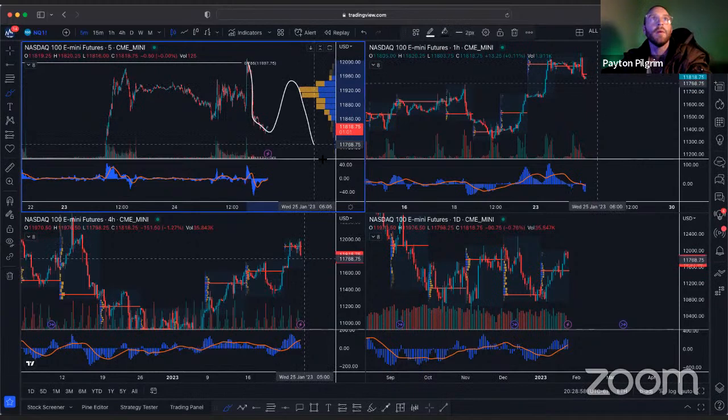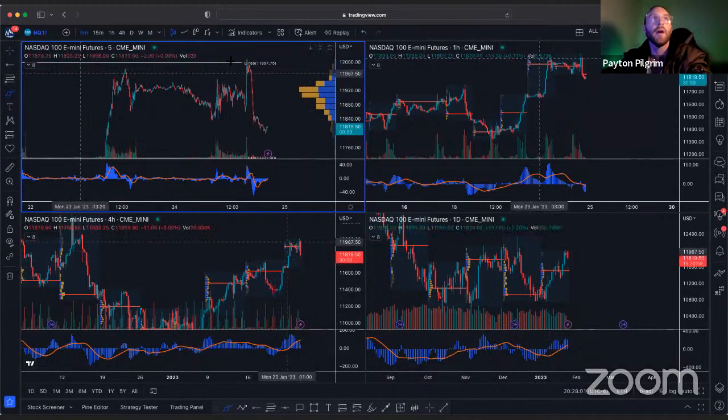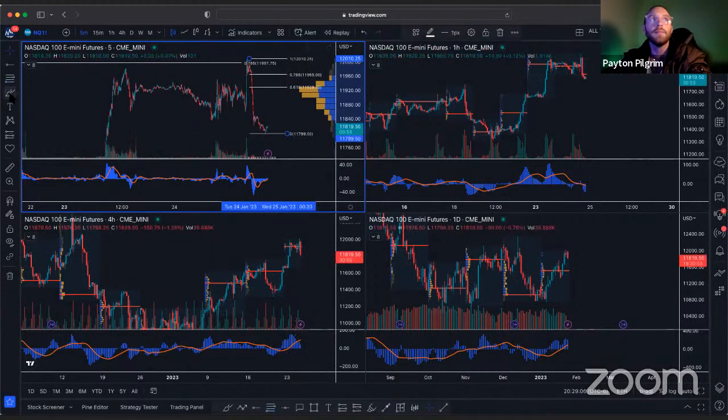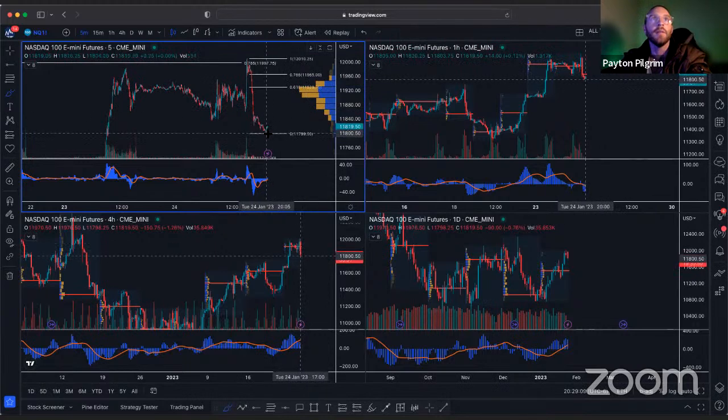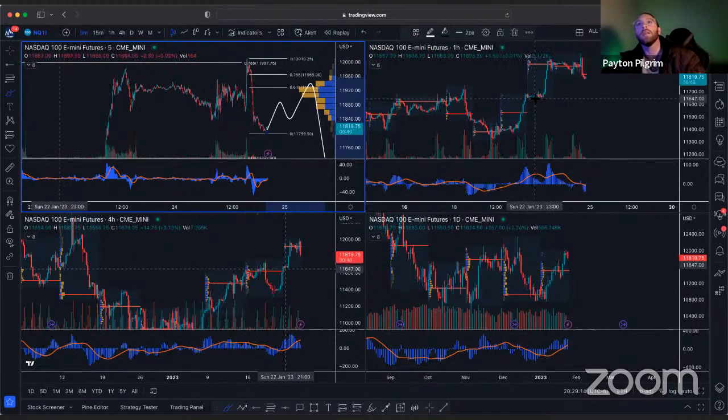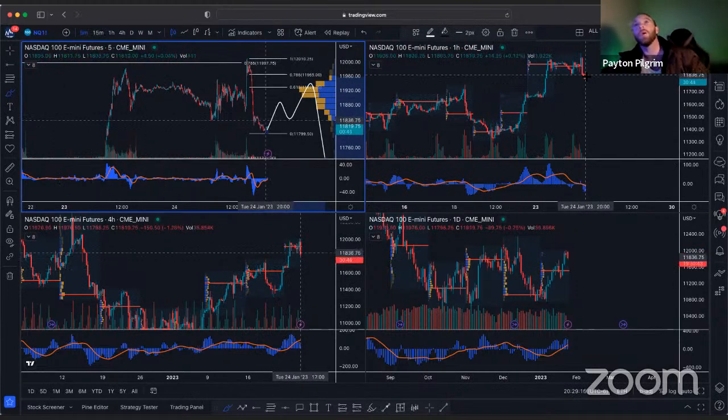So tomorrow, if price has not gotten into this yet, this is a good setup opportunity to take this to the downside. I think we'll have to watch and see how it corrects.